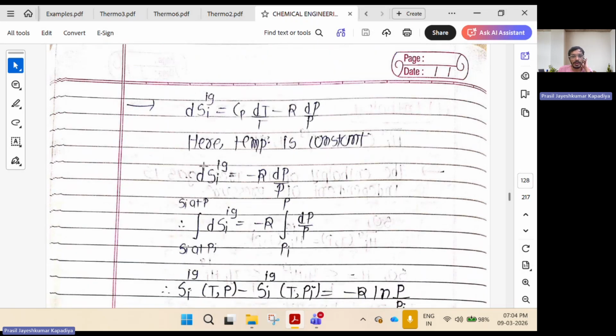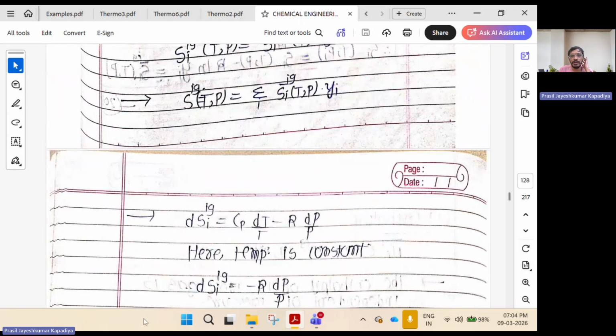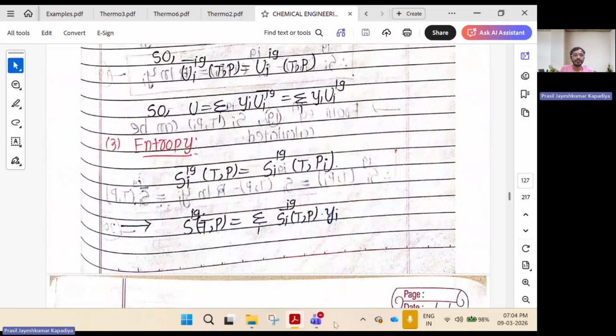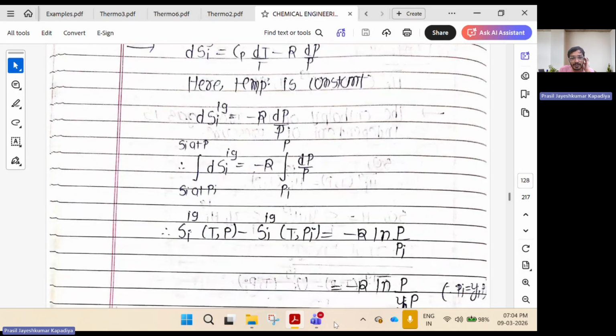Okay, so let's try to integrate it. How should we integrate it? We have the partial molar property at total pressure and the individual property at its partial pressure. So let's integrate from Pi to P, Si at Pi to Si at P, equal to -R times the integral of dP/P, with pressure also going from Pi to P. So what will be my Si at P?